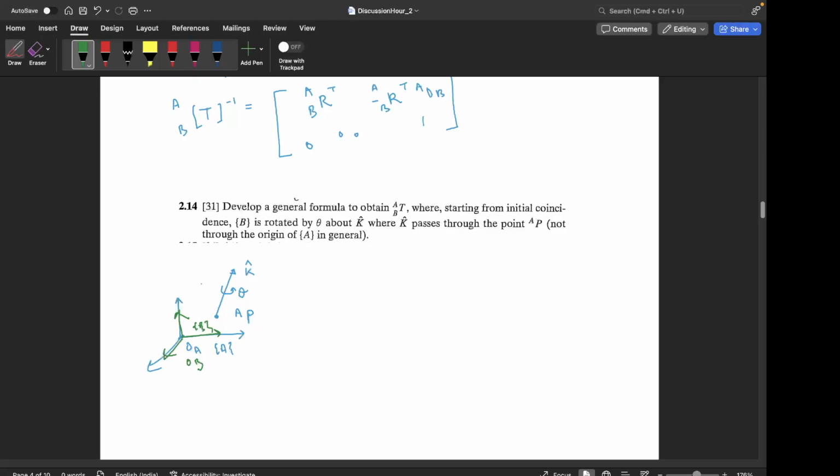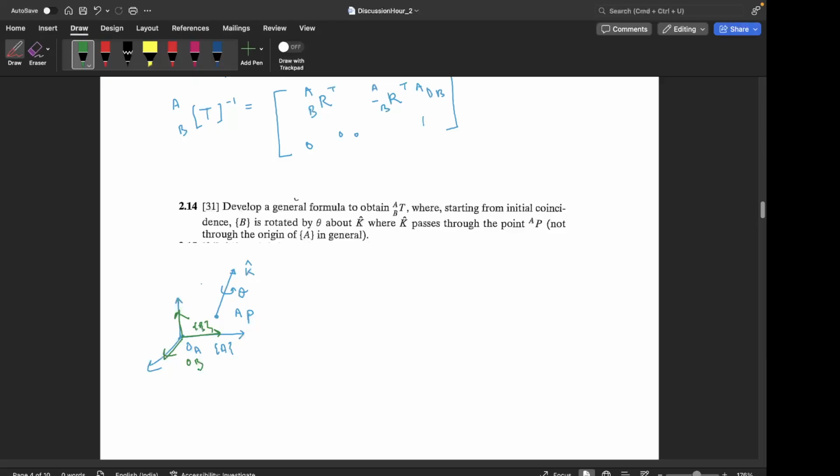So let me just put it once again. We have two frames. We have frame A, the base frame, and we have frame B. Frame A and B are initially coincident, and their origins are also the same. Now frame B is rotated about an axis k cap, which is passing not through the origin of these two frames, but a different point P, right?